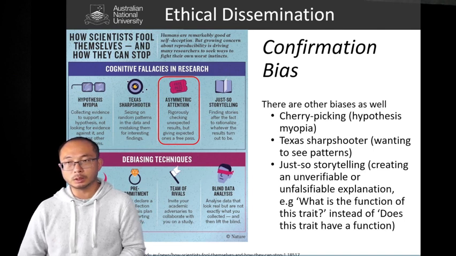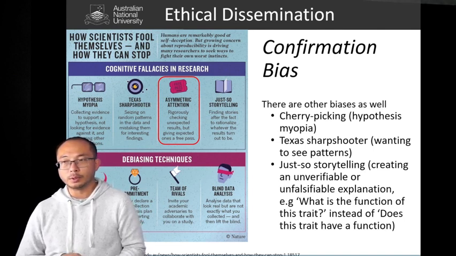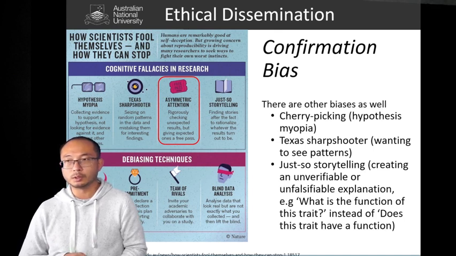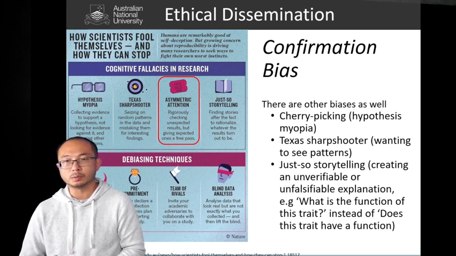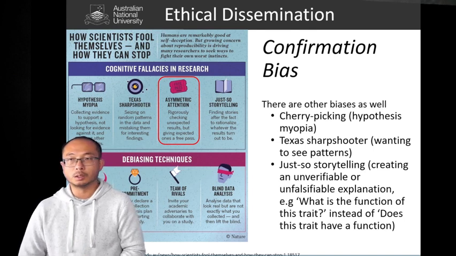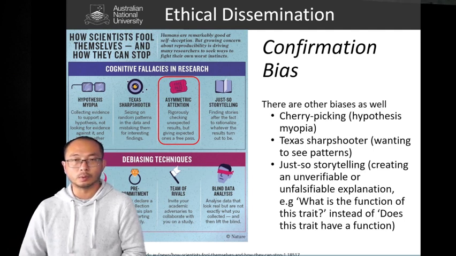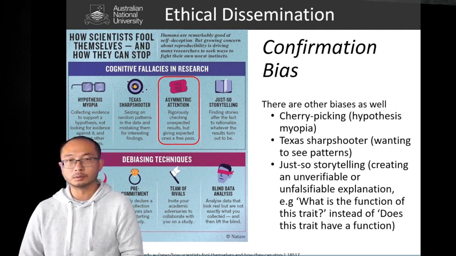the author wrote this article when I think she really got frustrated at the way that biologists are asking questions, because we are out looking for stories where there could be none.